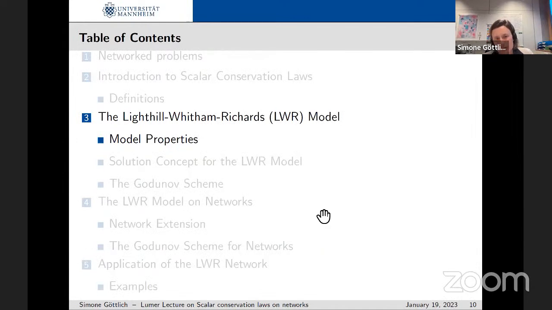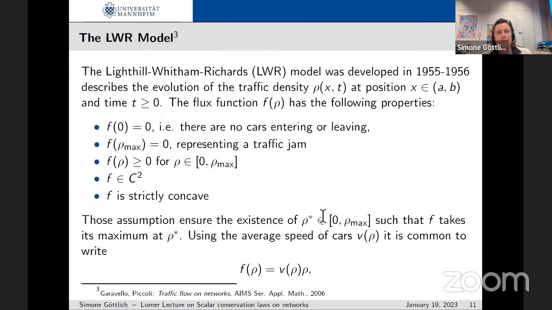So having all these definitions in mind, let's talk about traffic. As I told you, I want to introduce some traffic network flow model. One very popular model is the so-called Lighthill-Whitham-Richards model, the LWR model, which was developed in 1955 or 1956 independently by the two groups, Lighthill and Whitham, and Richards.